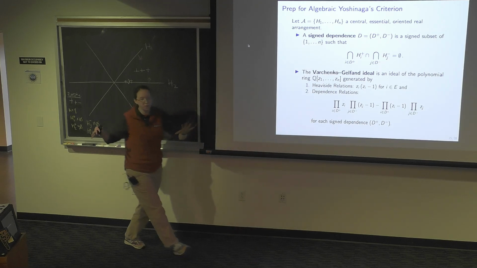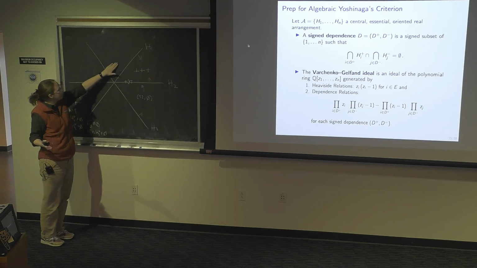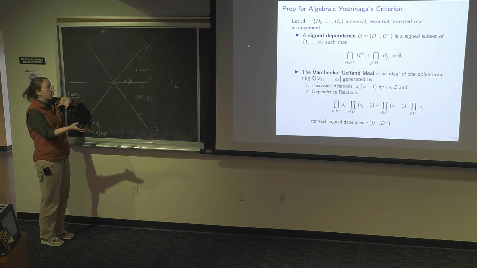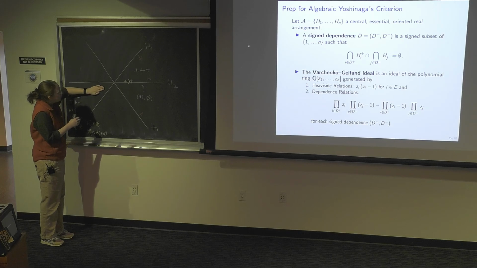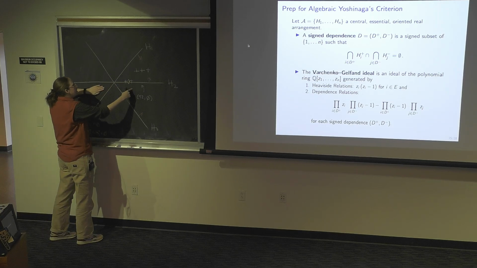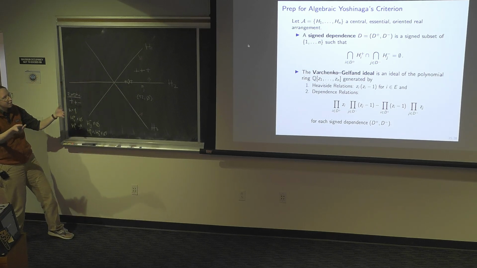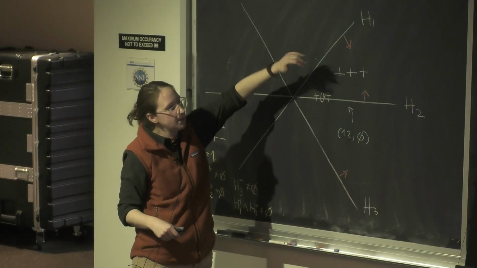The origin of this ring is you start with all the chambers of your arrangement. You take Q to the chambers, and you multiply things pointwise. If you had 1 on this chamber and 1, 1, 1 here, and you multiplied them, you would get the zero everywhere function. This ring has a beautiful description in terms of Heaviside functions defined by the hyperplane arrangement.